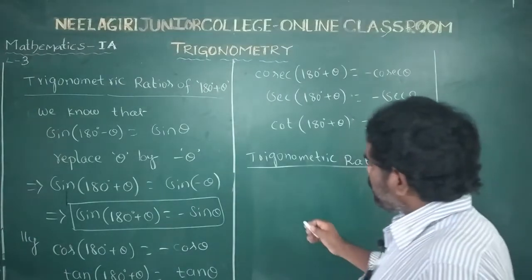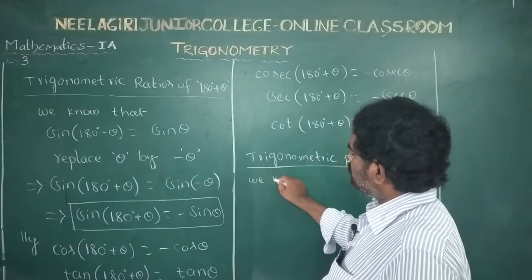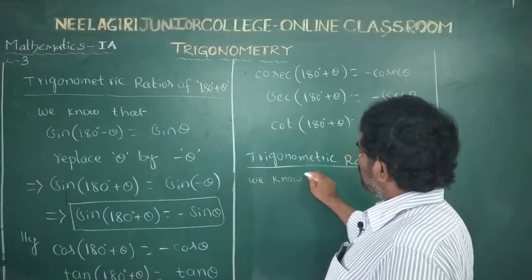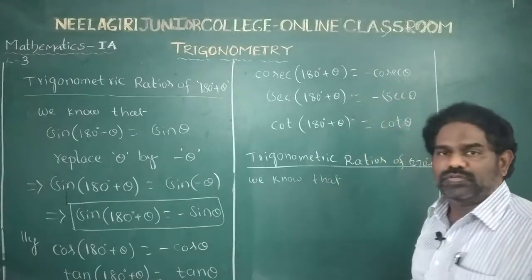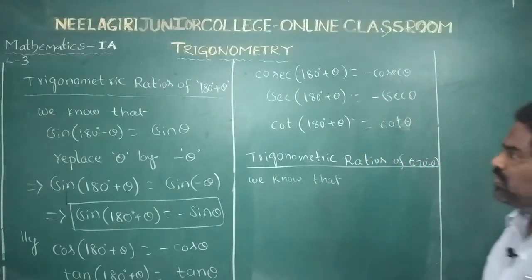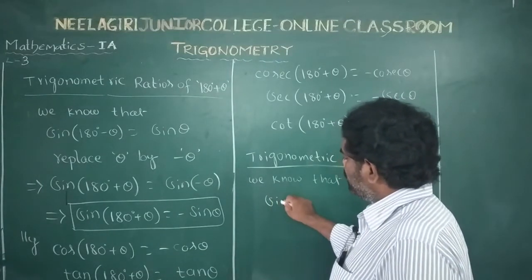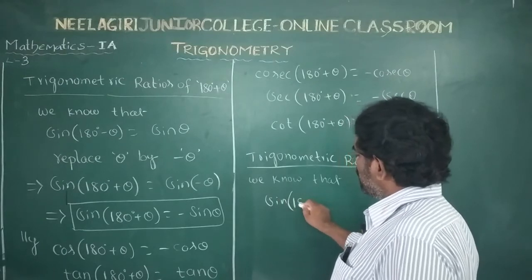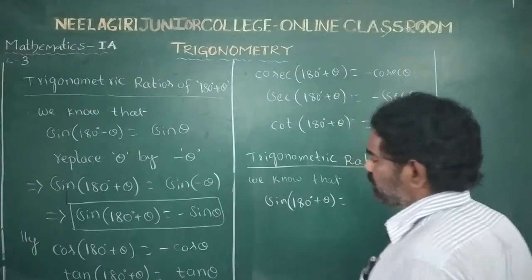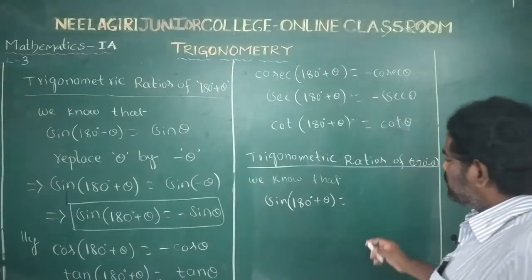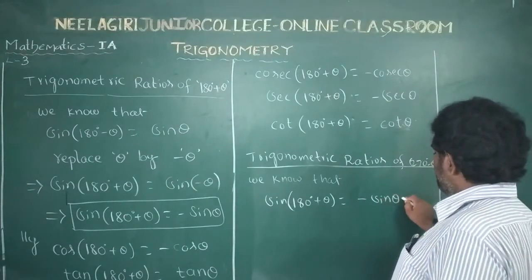Now we know that in the trigonometric ratios of 180 plus theta, the first one, sine of 180 plus theta equals minus sin theta.